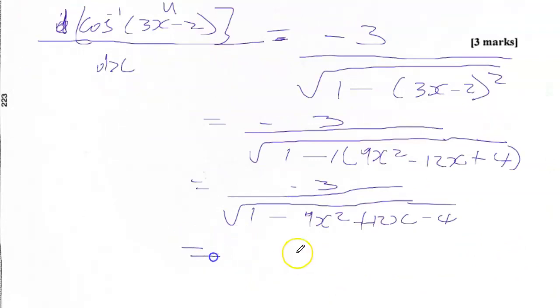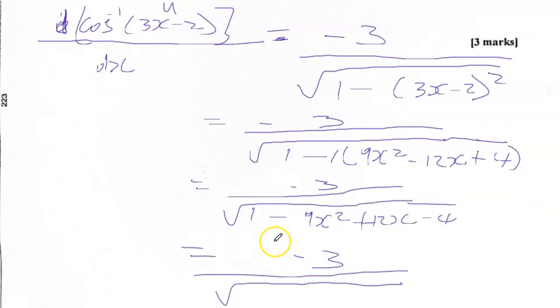We end up with minus 3 upon the square root of minus 9x squared, putting the x squared first, plus 12x, and if we group the constants, 1 take away 4 is negative 3. Alright, so that's the best we can do with it.